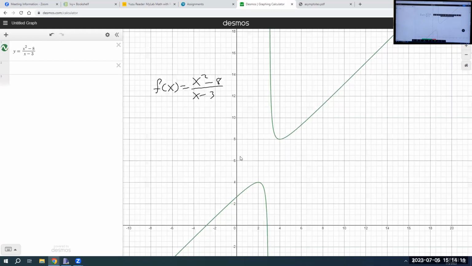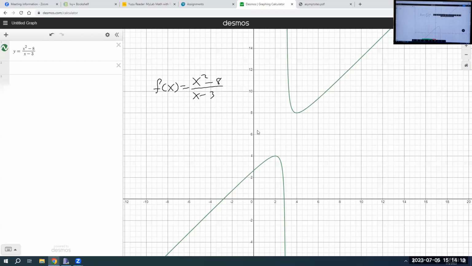So where is this function increasing? And where are its critical points? We have 2, 4, or 8 we need to talk about.